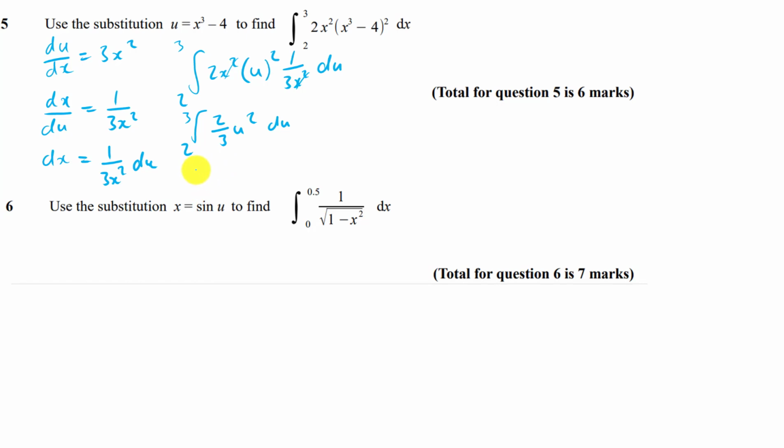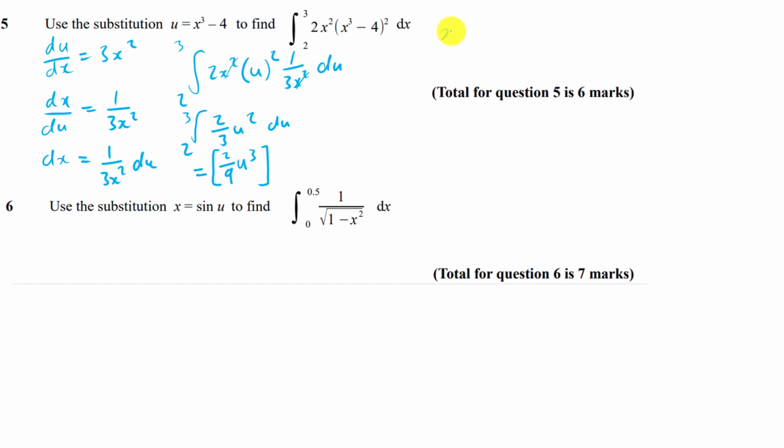Now we're going to integrate that, so that's going to equal u cubed times 2 over 9. Now there is a plus c, but when you do it between the ranges, 3 to 2, the c's will cancel.